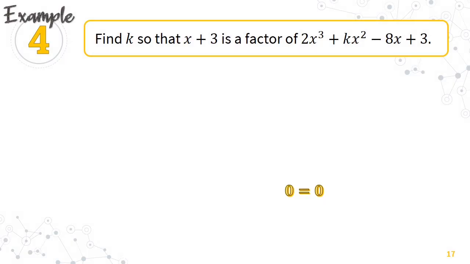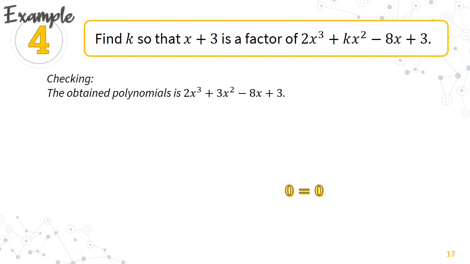Checking our answer, we have to evaluate the obtained polynomial 2x cubed plus 3x squared minus 8x plus 3 at x is equal to negative 3. Since x plus 3 is a factor of the given polynomial, we will have p of negative 3 equals 0.